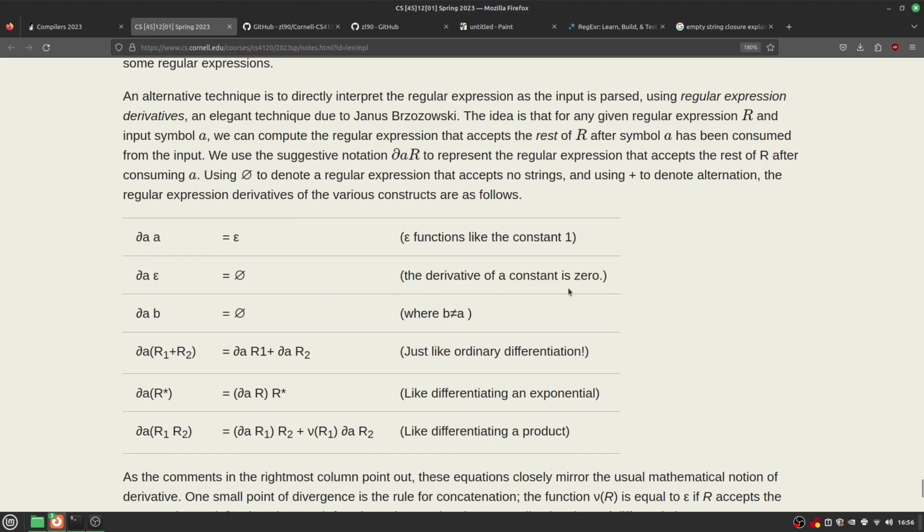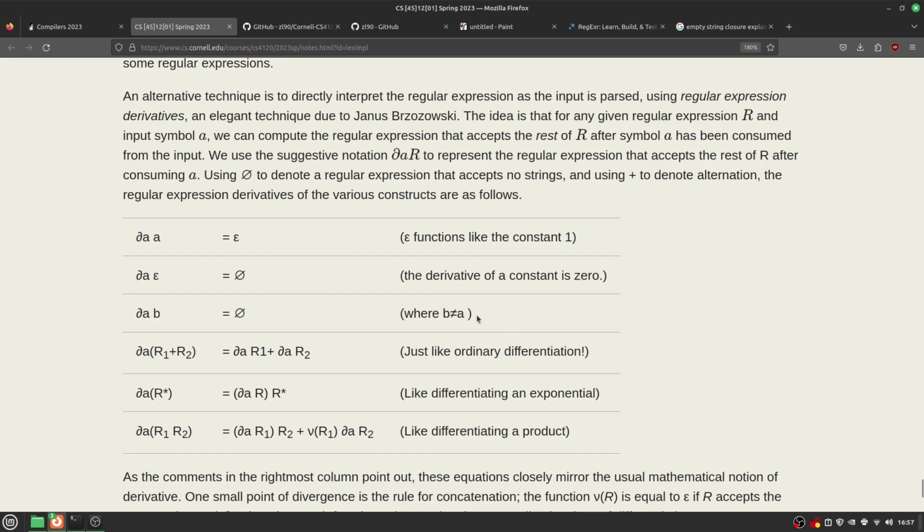The derivative of a constant B is 0, where B does not equal A. The derivative of A on the empty string is an error state, or a regular expression that accepts no strings. The derivative of A on B is nothing.